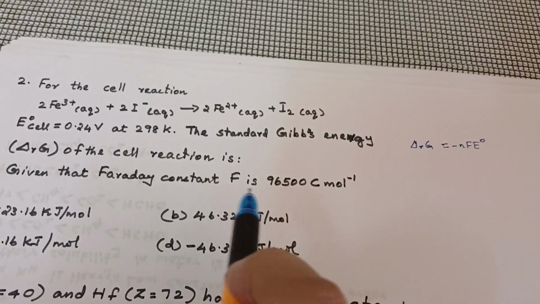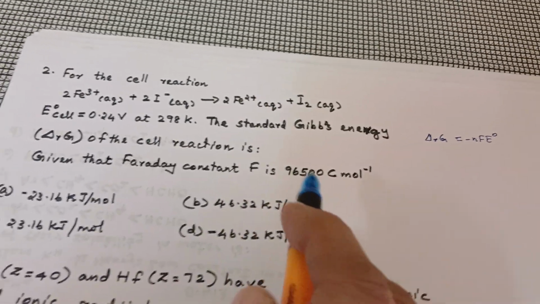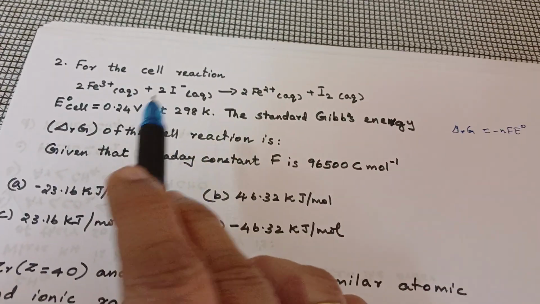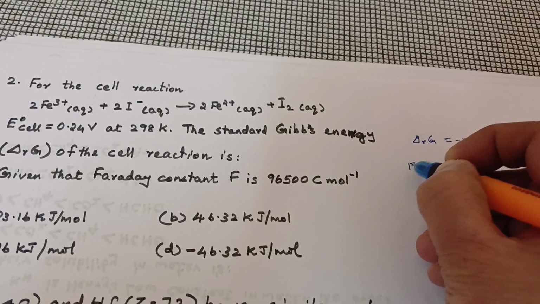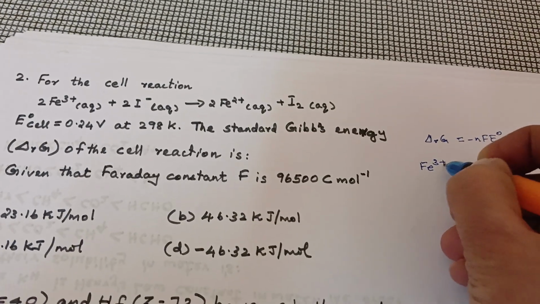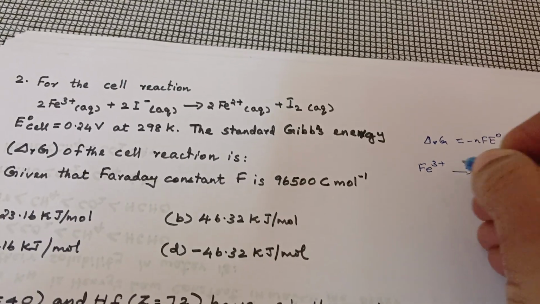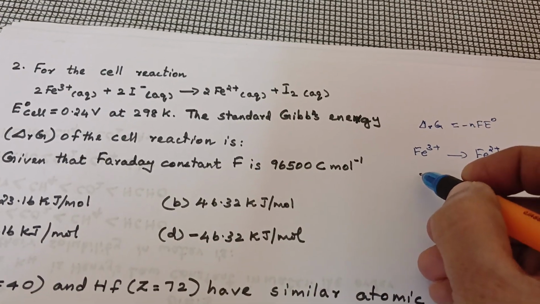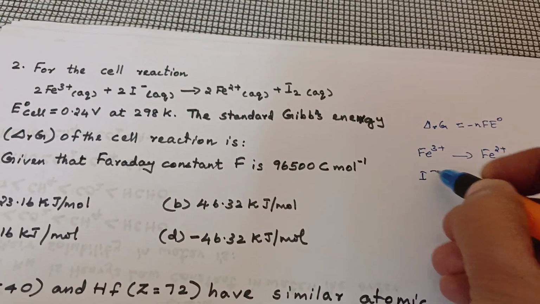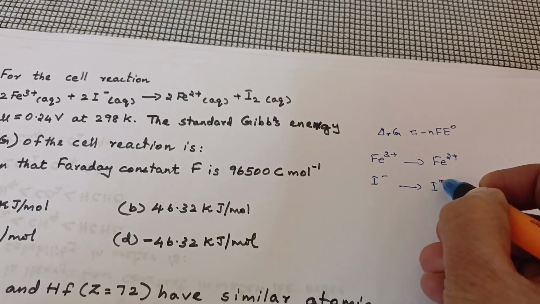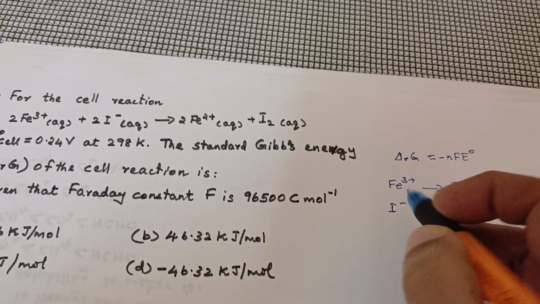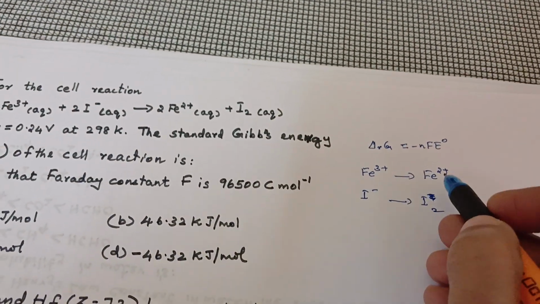So n, we need to find the number of electrons involved in this. So let us just write the equations. Fe3+ giving Fe2+, and the next one is I- giving I2. So Fe3+ giving Fe2+.